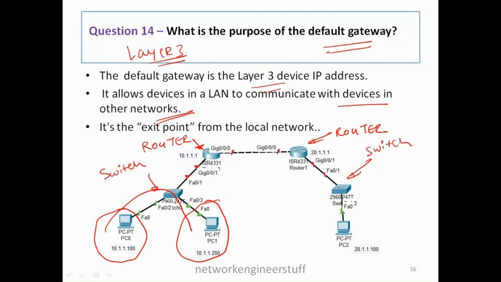Now let's say the PC 10.1.1.100 wants to communicate with 20.1.1.100, which is in the other subnet. It will have to go through this router. Now this PC will require this particular IP, that is 10.1.1.1, which is the default gateway.